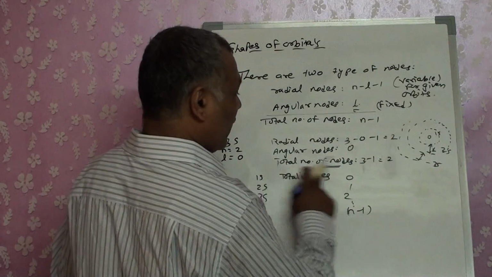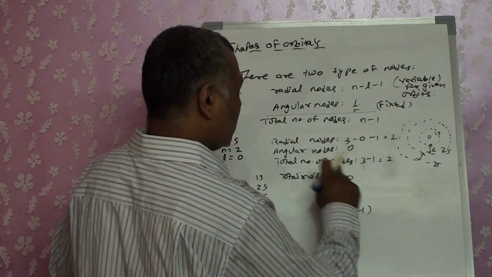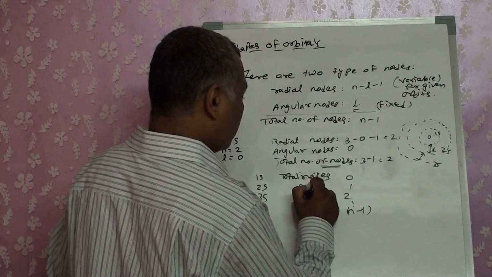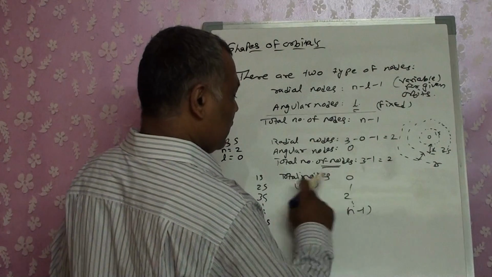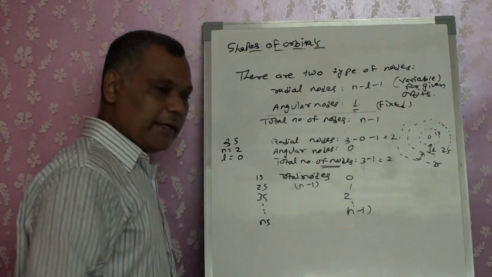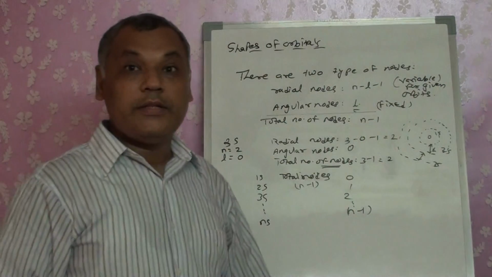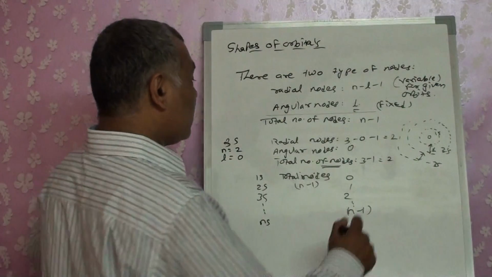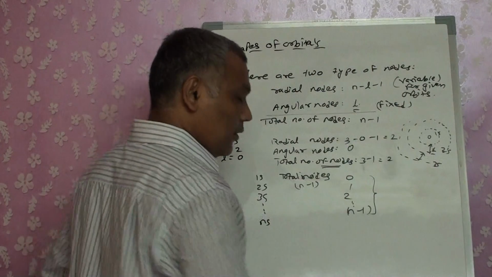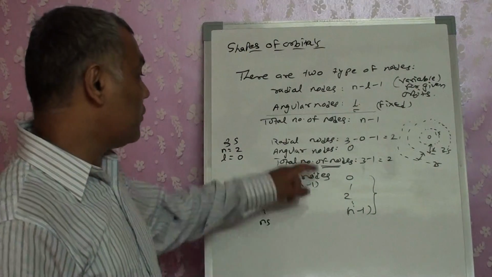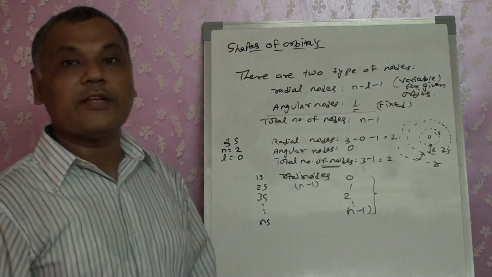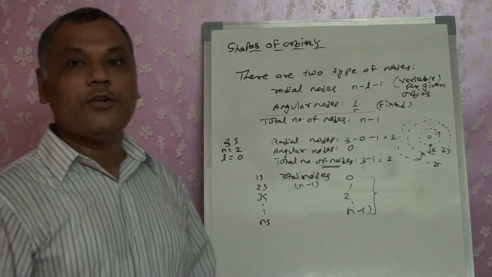That means for 1s, 1 minus 1, 0. Here total nodes are n minus 1. So 0, 1, 2, we get n minus 1. These are all radial nodes, because the angular nodes for s orbitals are always 0.